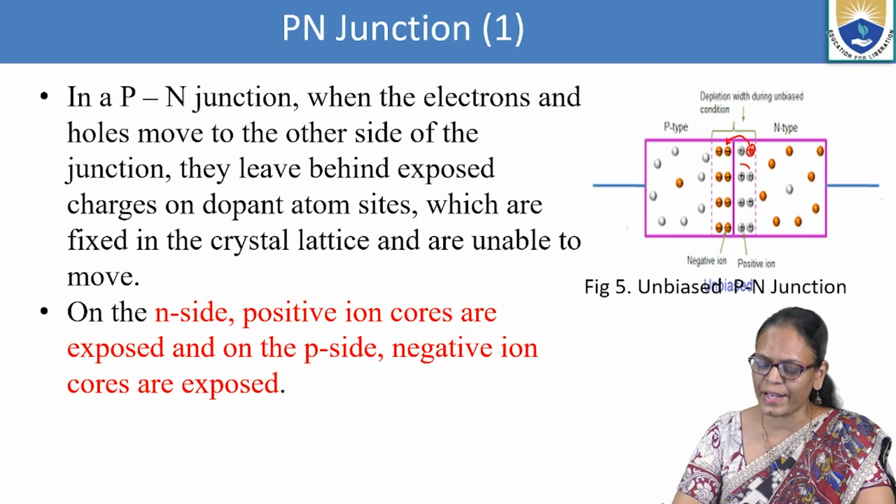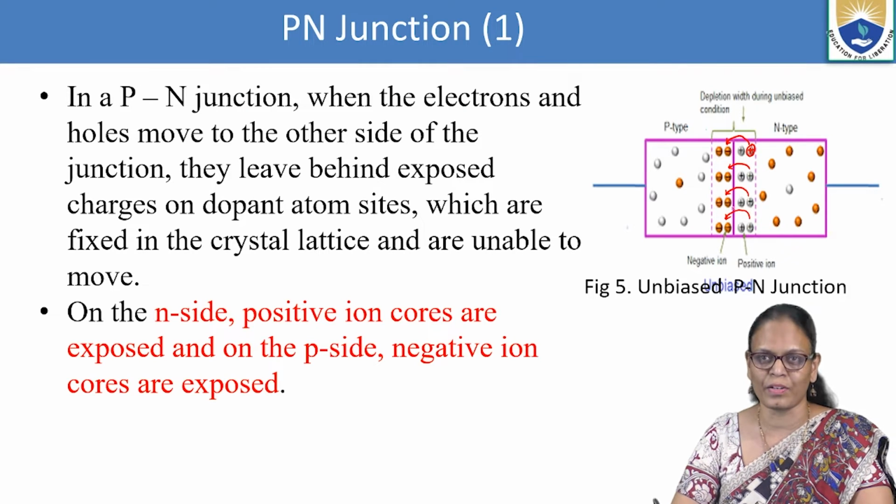So all the electrons that have moved onto the P side leave positive ion sites here, fixed to the lattice and unable to move. We call them immobile ions.